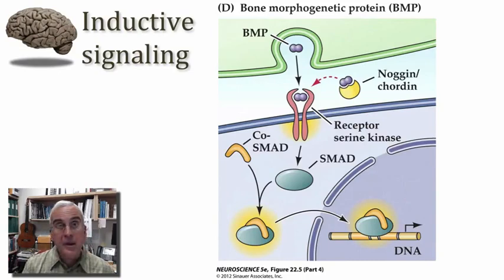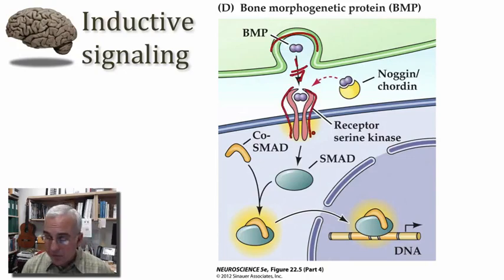The way BMP works is that it interacts with a surface receptor. Here we see BMP being secreted by one kind of cell, and it interacts with this receptor. And the receptor is what we call a serine kinase. So this means that it phosphorylates a serine residue in target proteins.